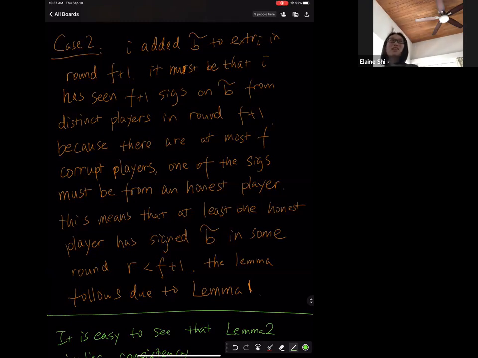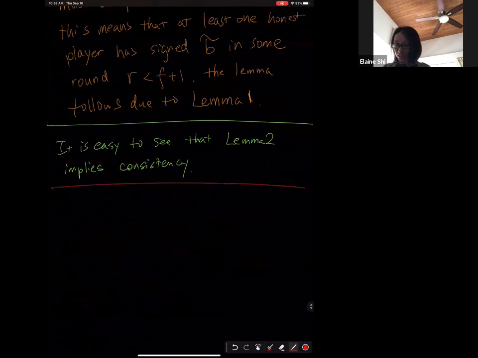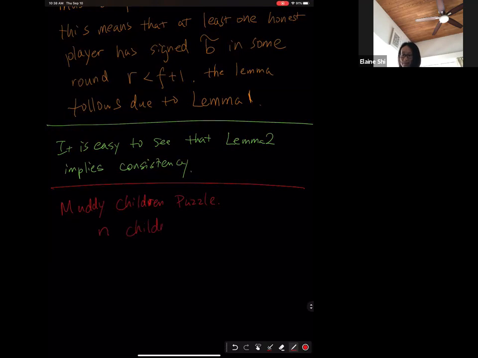Okay, so if there are no questions, I just want to talk about an interesting puzzle, which is remotely reminiscent of the Dolev-Strong protocol. They're not directly related, but you'll see why it's remotely reminiscent. You might have heard of this. It is called the muddy children puzzle. Let's say there are n children playing outside in the playground, and the playground is muddy, and some of them have mud on their forehead.